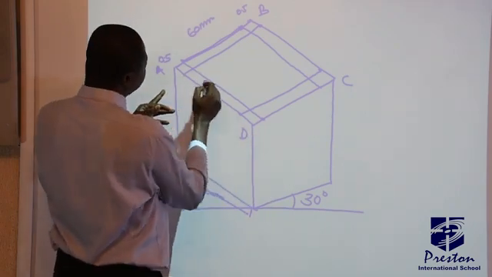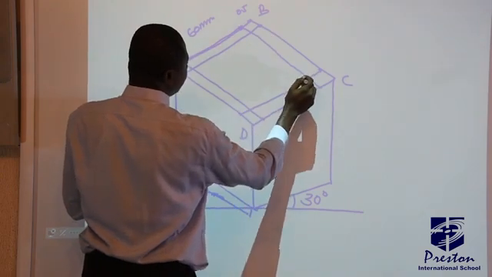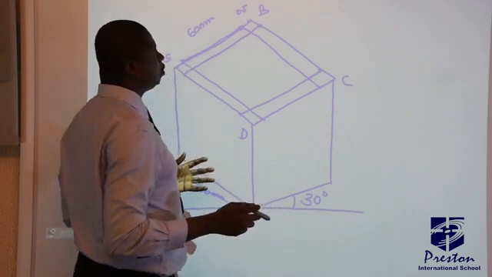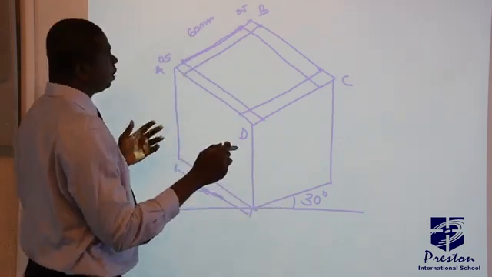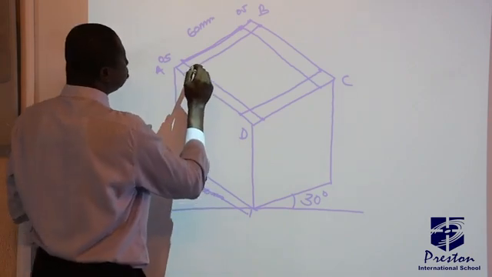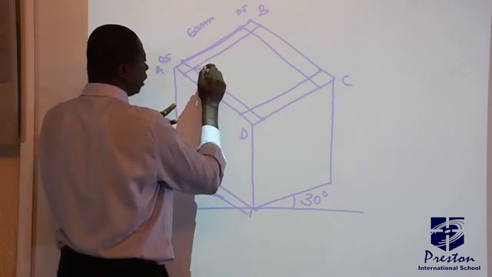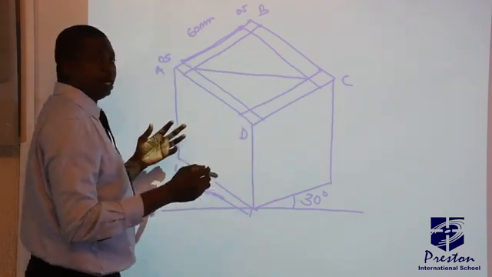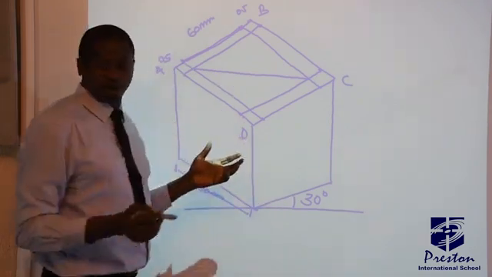The length from here to here is 50 mm, from here to here is 50 mm, and so on. Then you take your pencil and draw a faint line connecting the diagonals together.